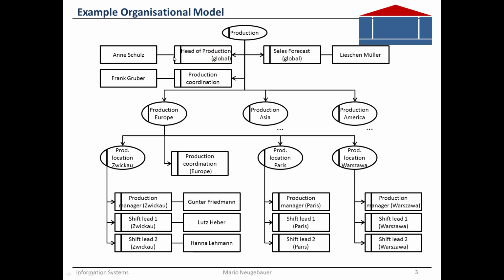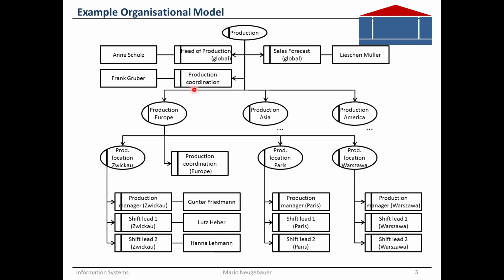And for this particular position, we have the name Anne Schulz. We have a concrete person who is responsible for heading the global production. It is Anne Schulz. And then we have a production coordinator as a second position here.